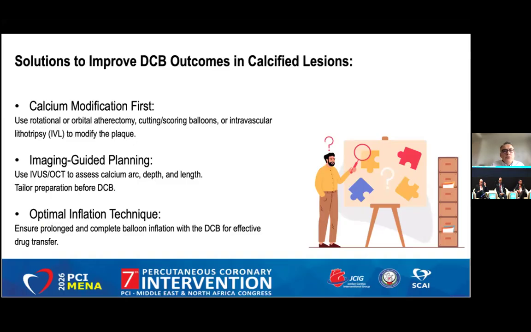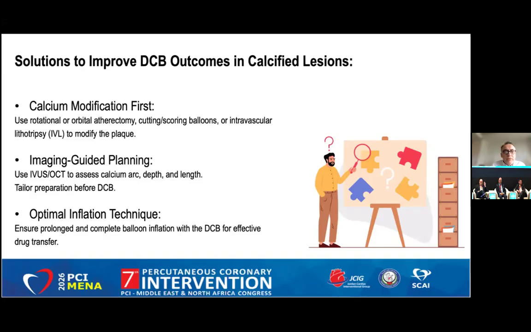So how can we improve DCB outcomes in calcified lesions? Of course, we have to do calcium modification first, using orbital or rotational atherectomy, cutting or scoring balloon, and also intravascular lithotripsy sometimes. Or now we have mechanical lithotripsy, which is now on the market. I think imaging is also important to see how much crack we have in the calcium and how much calcium we have.